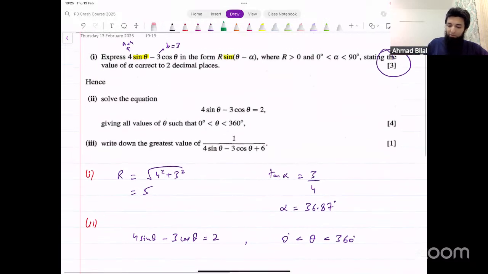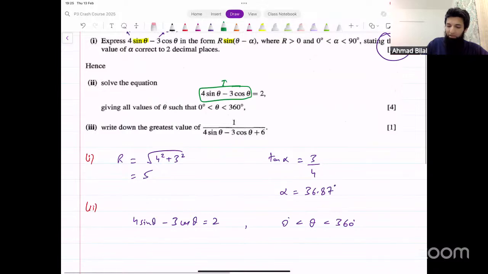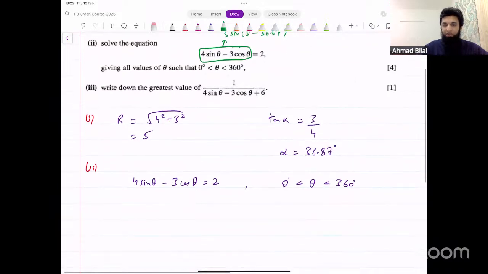Now, we have shown in the first part that this expression, the one on the left side, can be written in r sine of theta minus alpha form such that r is 5 and alpha is 36.87. So we can write this equation in that form.